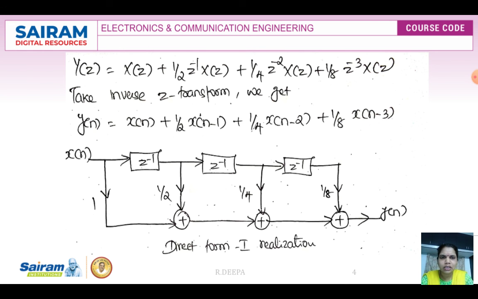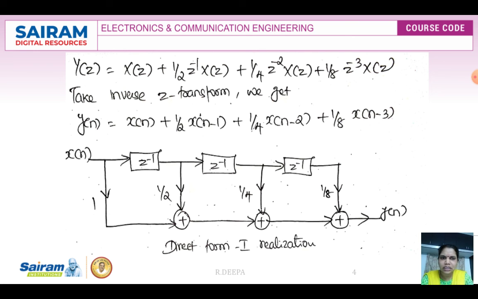So there are 3 delay blocks needed. From x of n we give it to a delay block so that we get x of n minus 1. Again that is given as an input to the next delay block z power of minus 1, so the output will be x of n minus 2. Again this x of n minus 2 is fed as an input to the next delay block, and the output will be x of n minus 3.